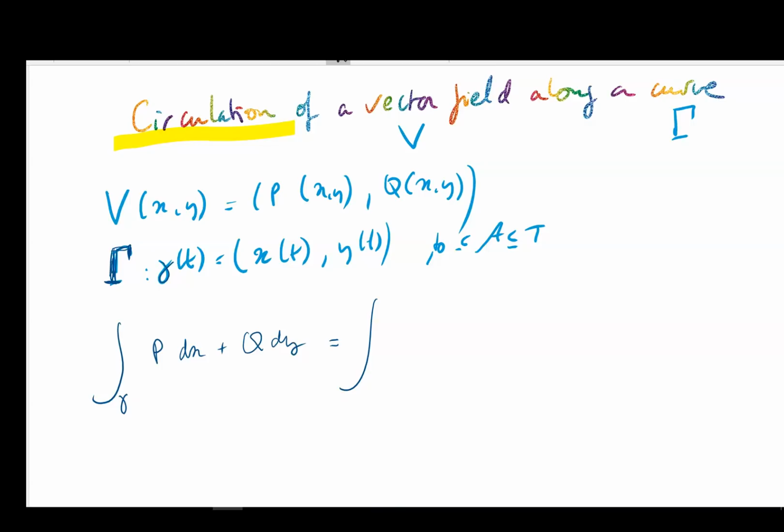My displacement is actually going to be approximated by the derivative of my parametric curve, so the derivative gamma prime of t, which of course has itself 2 components, x prime of t and y prime of t. So I can make my dot product between that vector V and that vector. Okay, so what do I have? I have the dot product between V and gamma prime, dt.